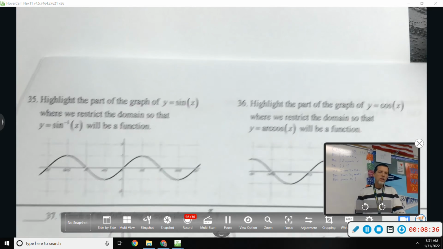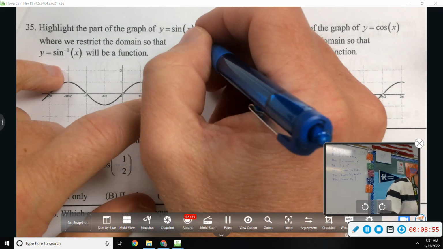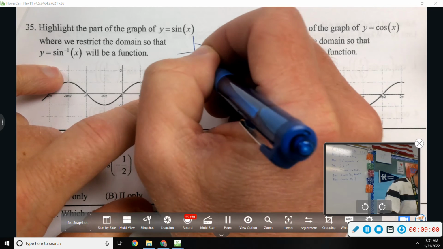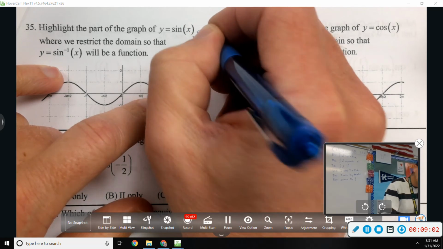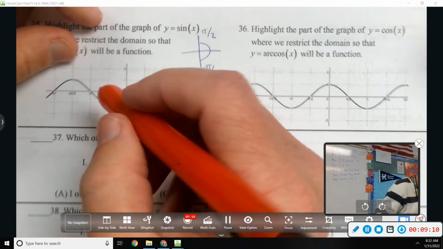Yes. So this 35 and 36 come from teachers who teach it a little bit differently than I did. So let's see if we can still figure this out. Highlight the part of the graph of y equals sine of x where we will restrict the domain for y equals inverse sine of x. Inverse sine was restricted to negative pi over 2 to pi over 2. So what it's talking about is only highlight the graph from negative pi over 2 to pi over 2.